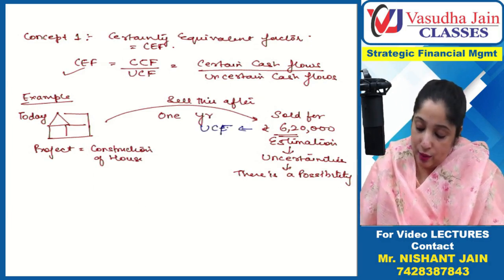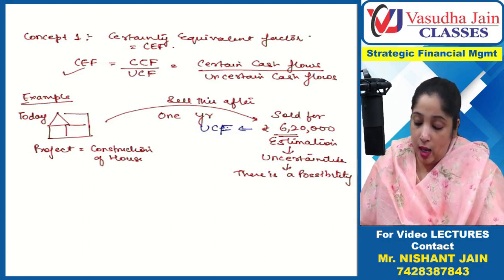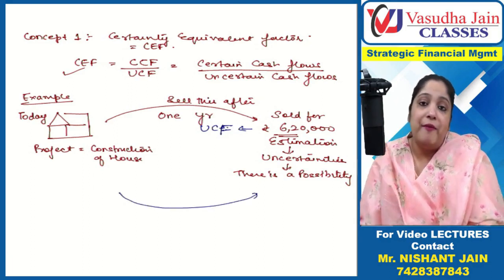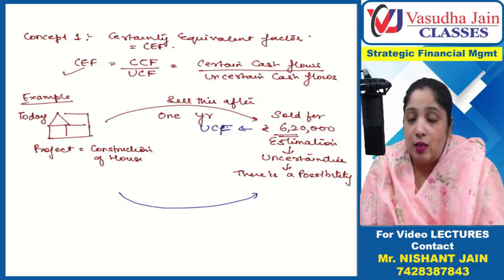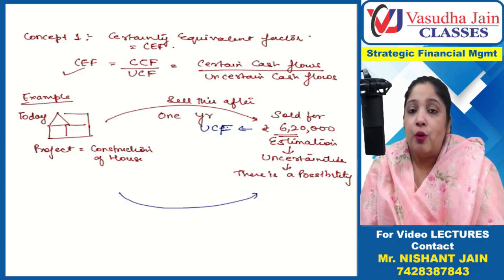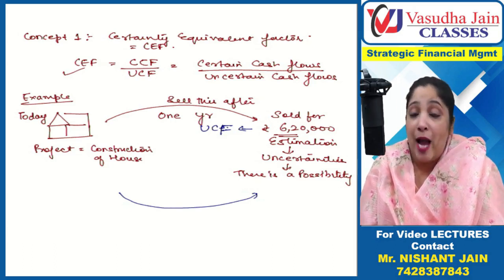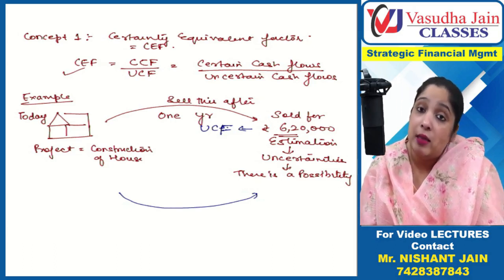Okay, now I have talked to one of my friends and I am asking him that I have done my research and I might get 6,20,000 rupees. Can you buy my house? So with certainty, can you buy my house after 1 year with certainty?